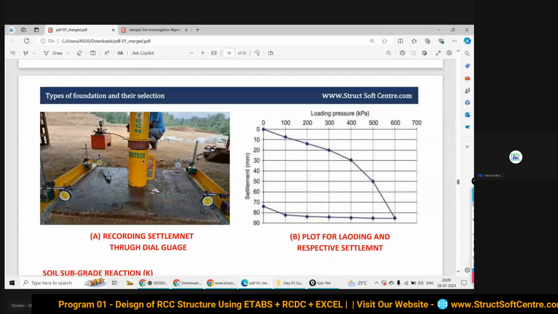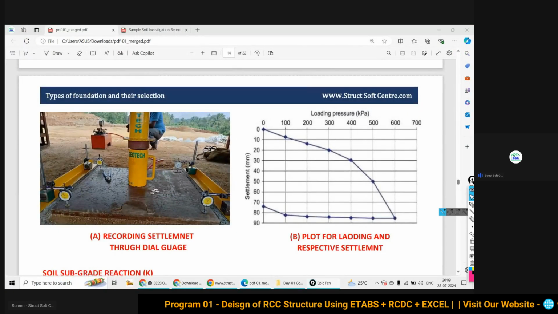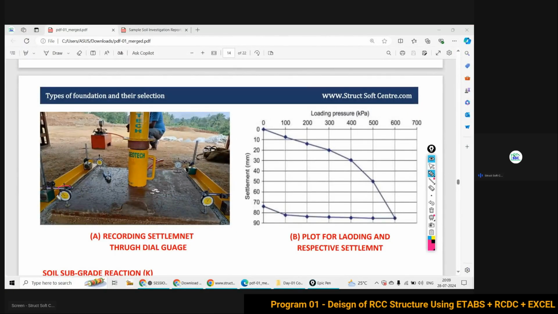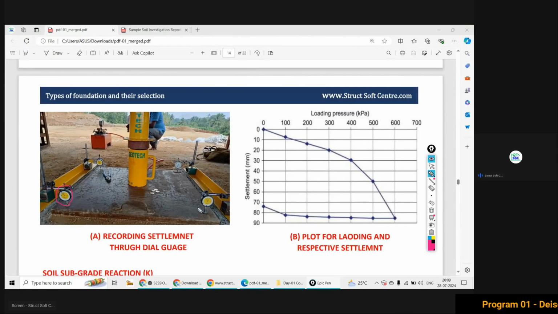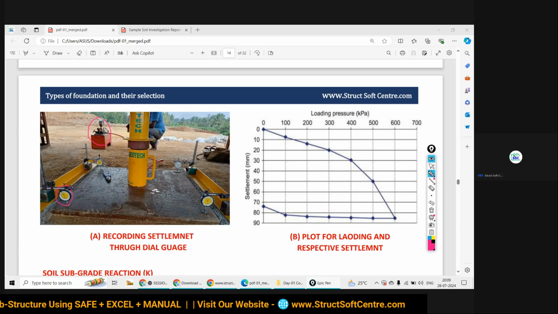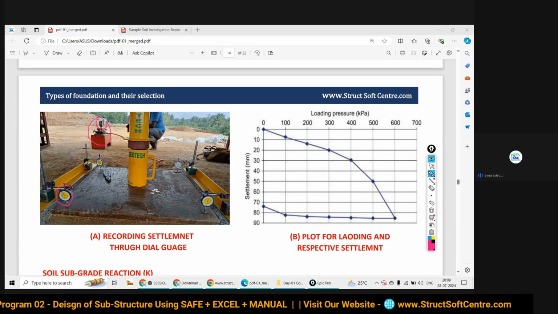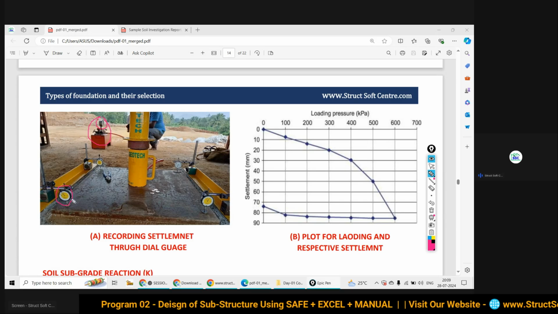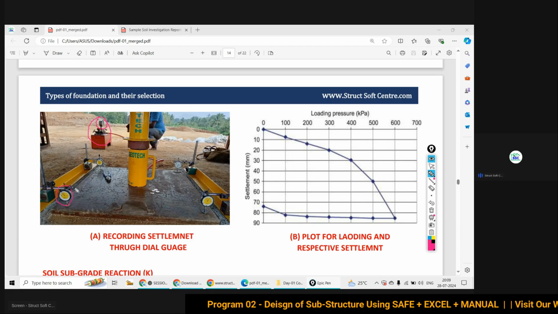Okay, so here we are going to record the settlement at four corners of the plate. We are continuously increasing the pressure, the load, and from here we are going to see the settlement.